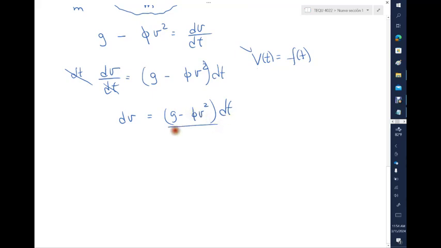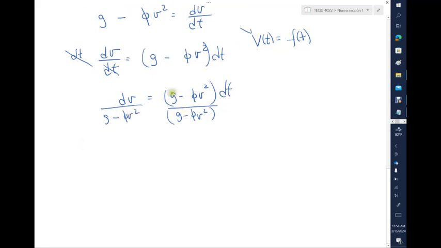You divide now by g minus phi v squared on both sides. You end up with a very straightforward equation that says dv over g minus phi v squared equals dt.